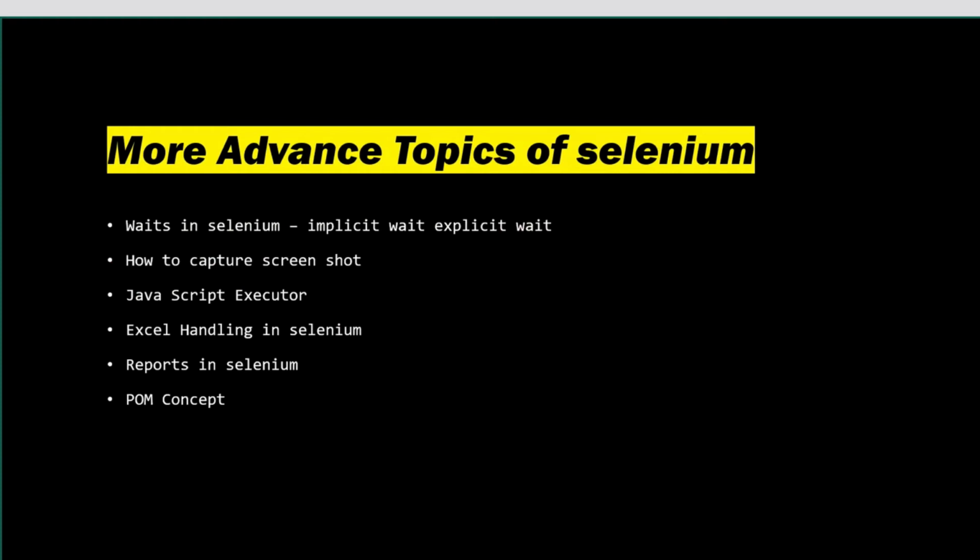At a later stage, or in a later sprint, if the developer changes that id, you have to change it in 10 or 20 places. When you have 500 or 1000 test cases, you have to change it 1000 or 2000 times. This will take your whole day. To avoid that, we use the Page Object Model concept. How we can use it, we'll cover when we move ahead with our framework.